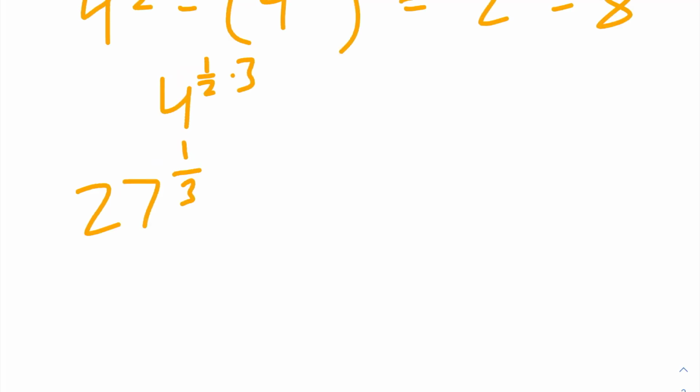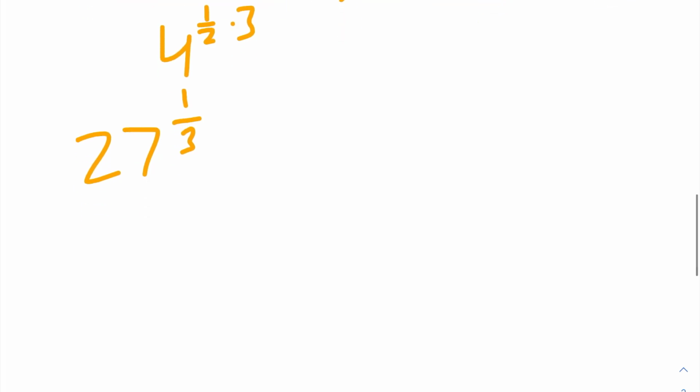Now instead, what if I asked for 27 to the power of 1/3? Now we didn't go over what 1/3 does, but we can find out what it does. 27 is equal to 3 to the power of 3.